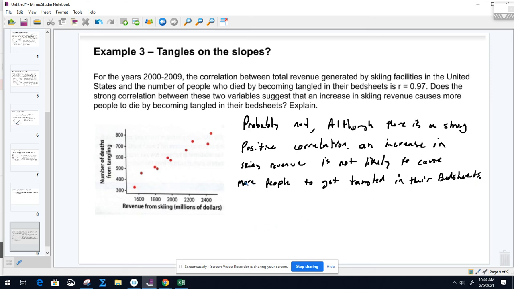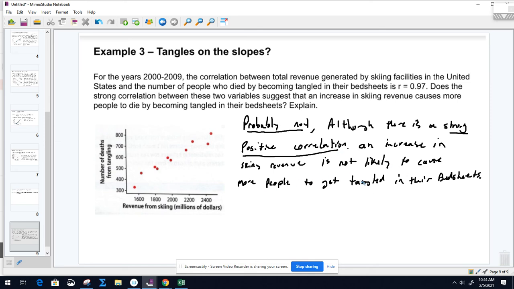It is likely that both of these variables are becoming larger over time because of population growth, which explains the association. So again, definitely probably not, although there's a strong positive correlation.